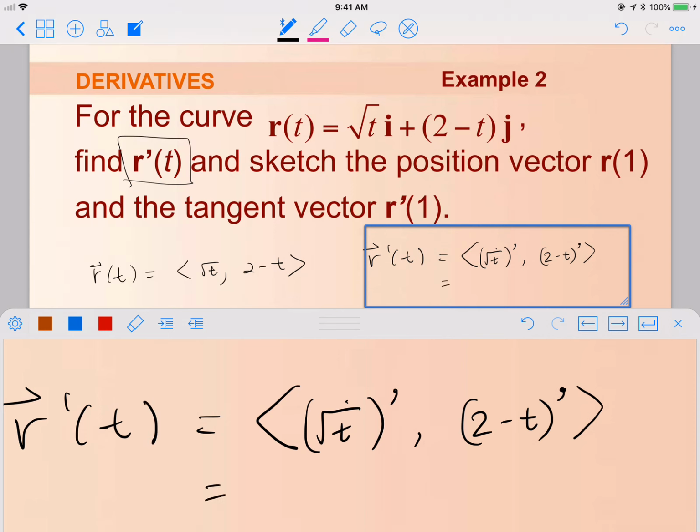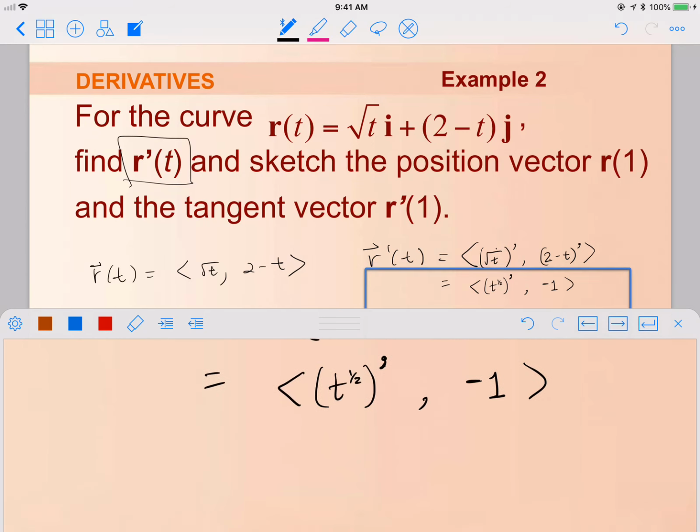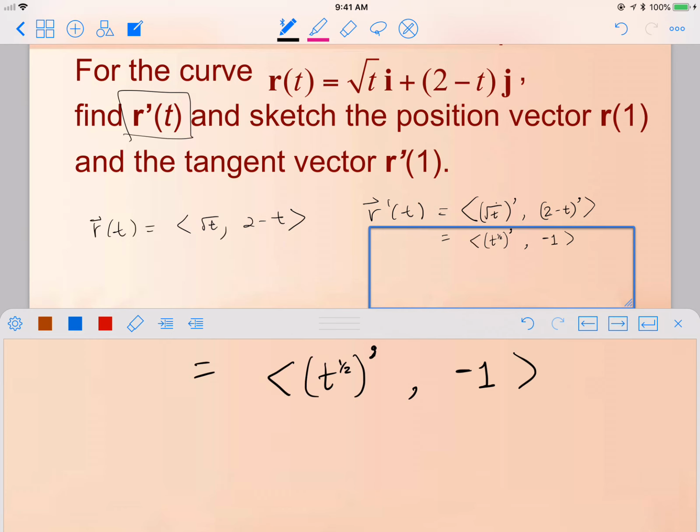Now write this square root of t as t to the 1/2. Do you remember that? And now the derivative of 2 minus t is just going to be negative 1. And what is the derivative of t to the 1/2? We're going to use our power rule. That'll be 1/2 t to the minus 1/2.